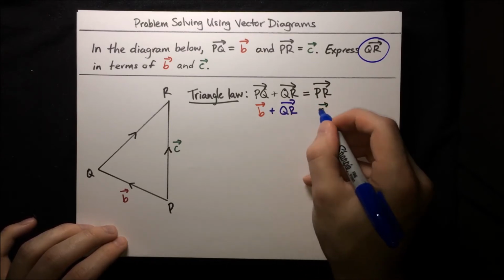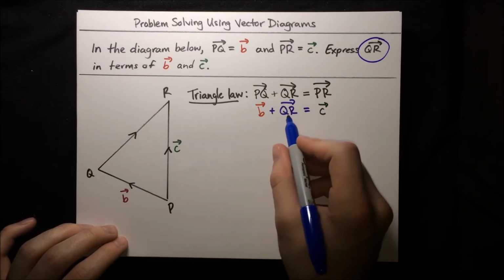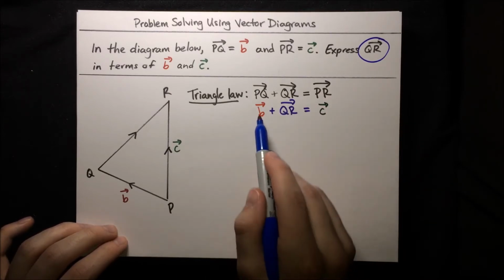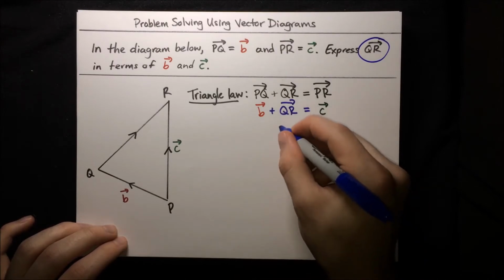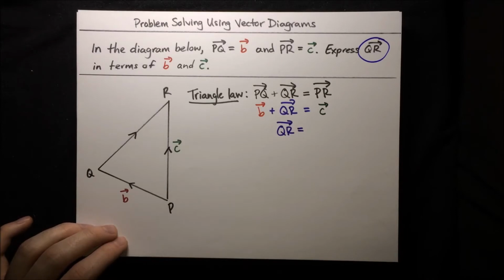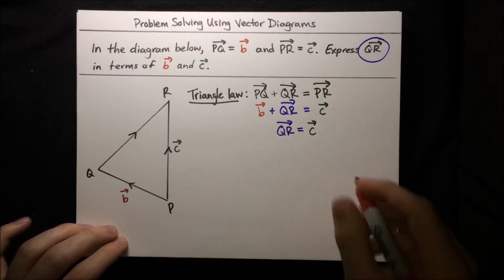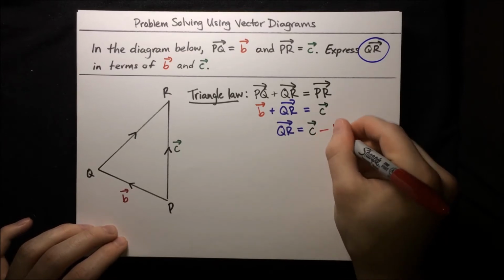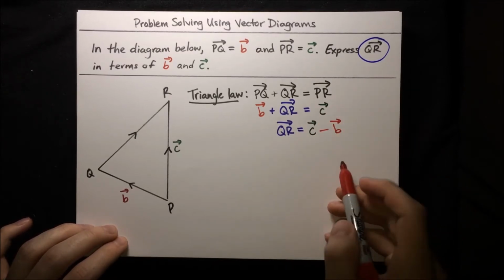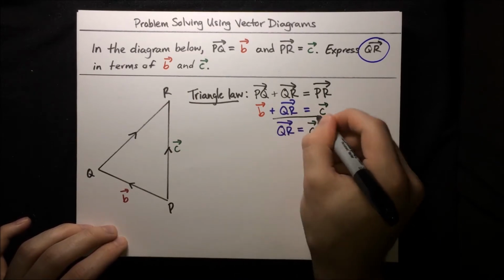B plus QR is equal to C, and now we can just solve for QR. So go ahead and subtract B from both sides, and then we just have that QR is equal to vector C minus vector B. And there we go. We've got QR in terms of B and C. There is our final result.